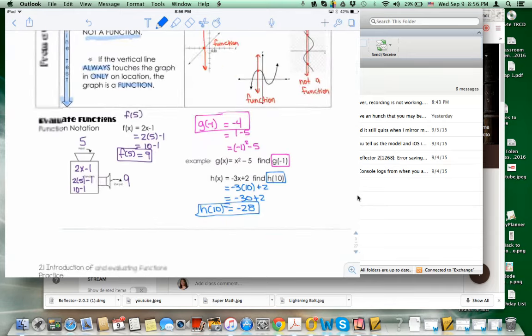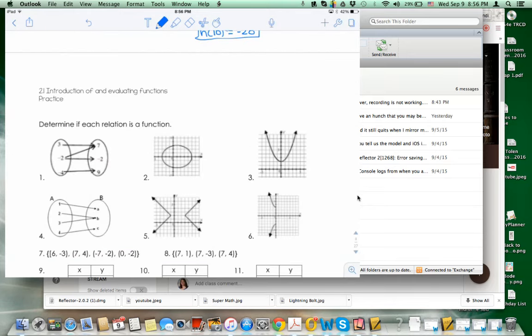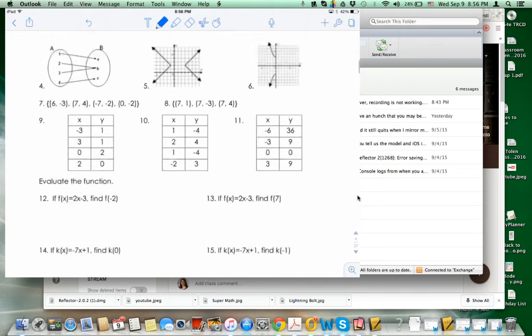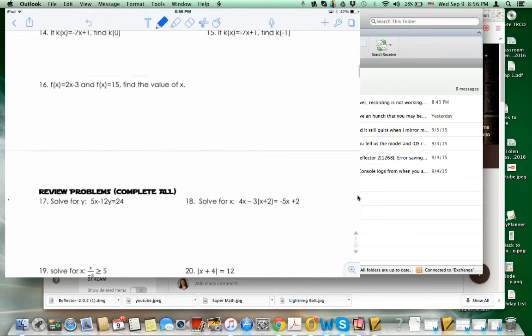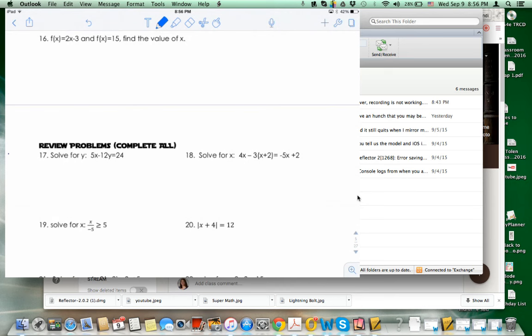Okay, so let's take a look at the homework assignment. Once again, you're going to do the odds on the practice problems. And it's lagging again. There we go. I want you to come down here, though, and look where it says review problems. It says complete all. I do want you to complete all of the review problems because remember, when we take our next assessment, it will be over Unit 2 and it will be over Unit 1 again.